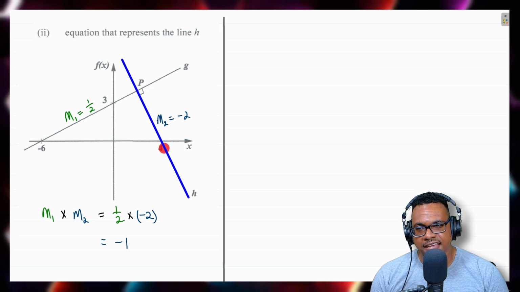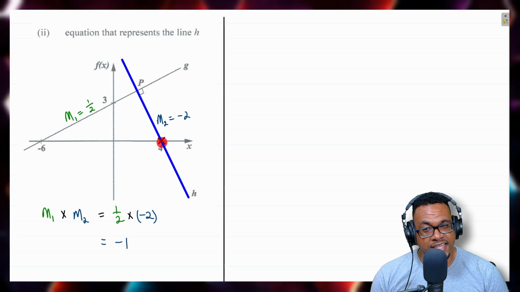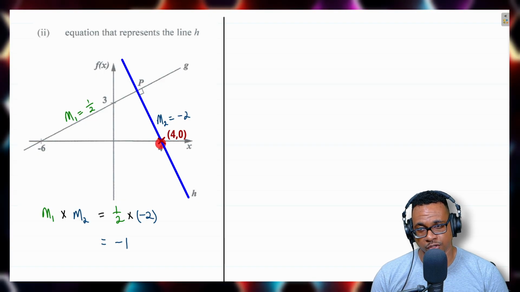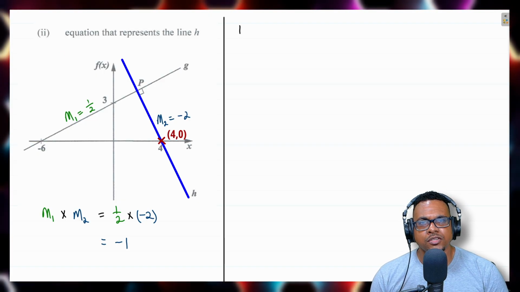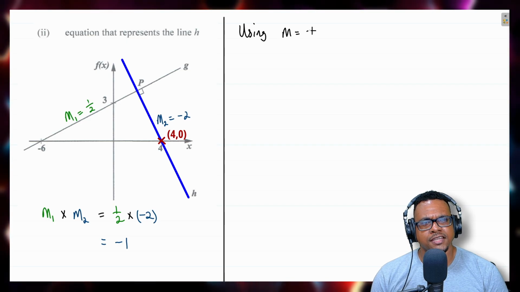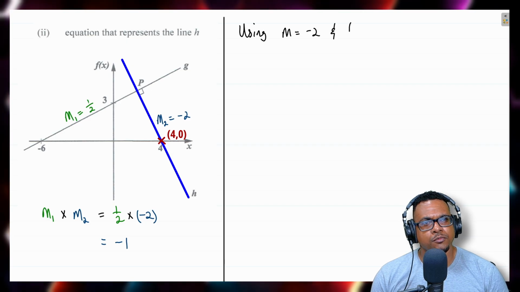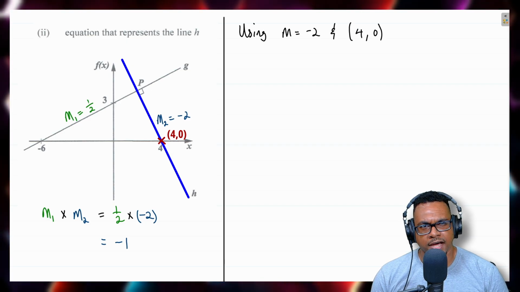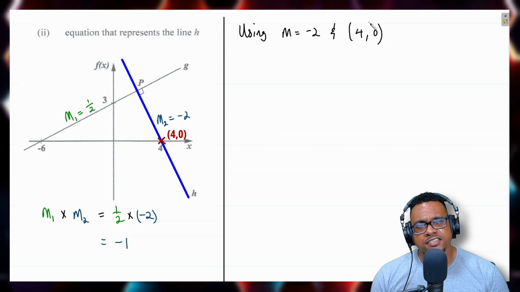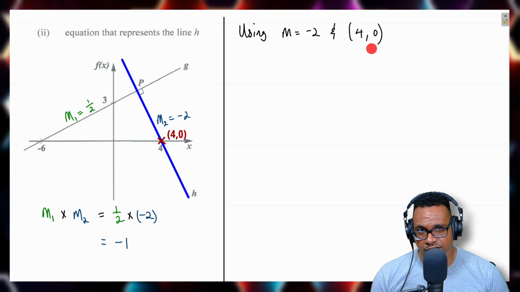Now we can see that this line H is passing through 4 on the x-axis, and the coordinates of this x-intercept will be 4 on the x and 0 on the y. So I'm going to use m is equal to negative 2, and the point the line is passing through, which is 4 on the x and 0 on the y, which is the x-intercept of the graph. Now remember, this could be any point that the line is passing through.